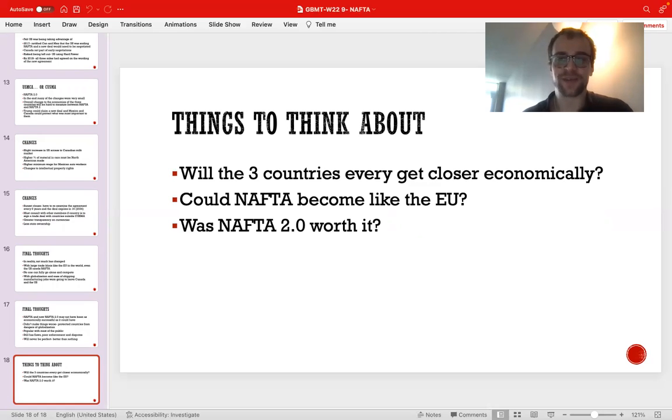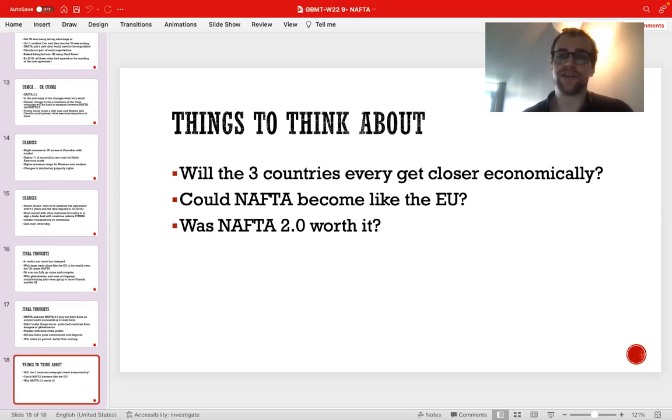Or will the politics be a politics of resentment like in Donald Trump and lead to further divisions? Could NAFTA become like the EU? Will it lead to a political integration where, like the European Union, states become politically integrated as well, not only economically? And then also, was NAFTA 2.0 worth it?